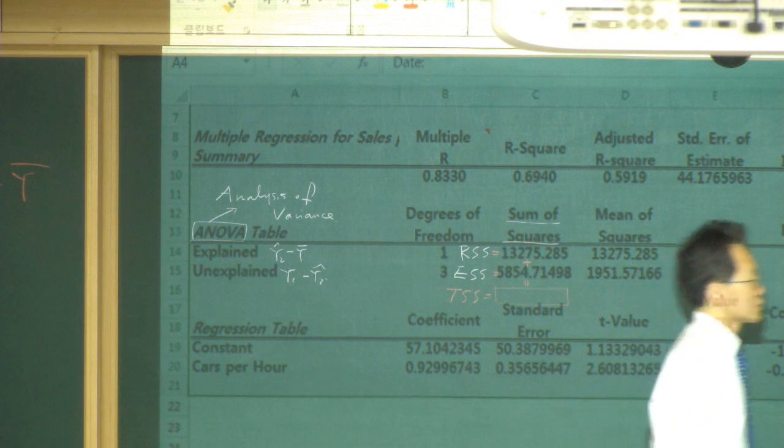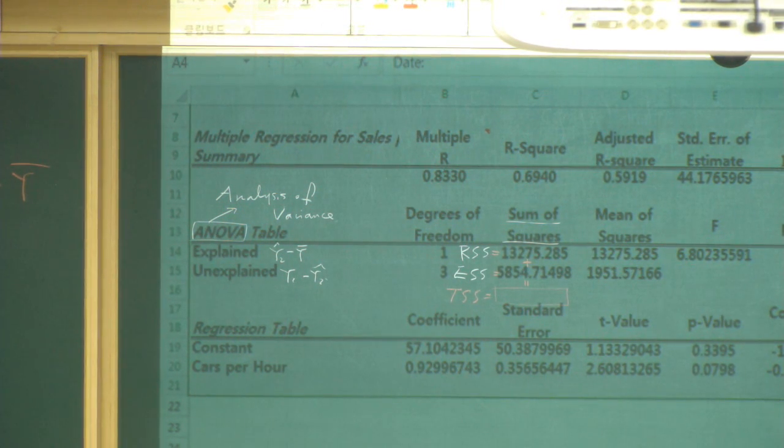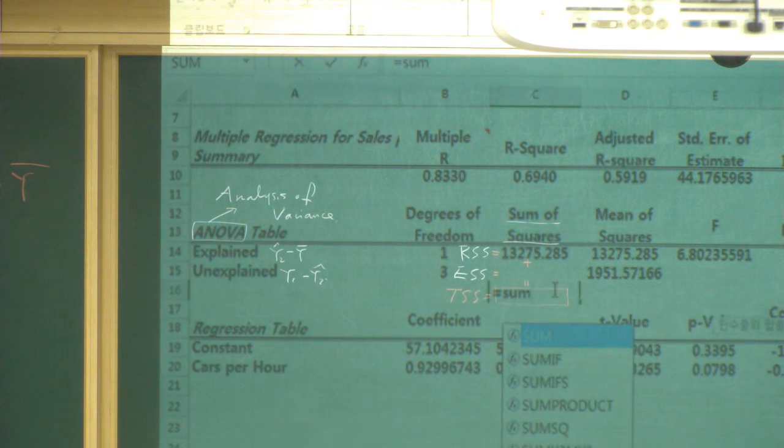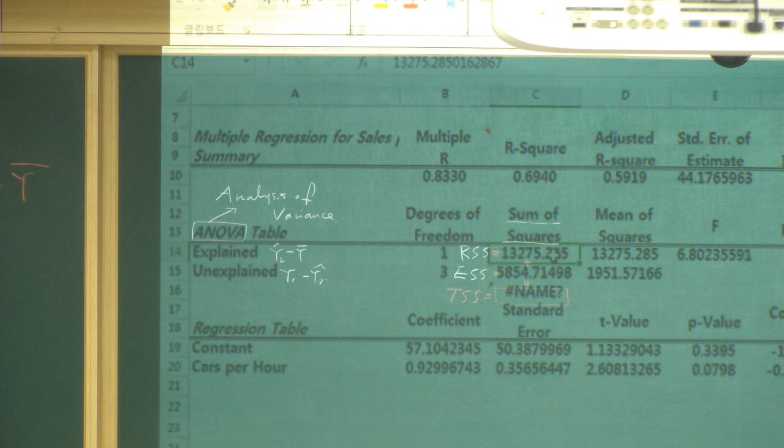Let's see what the total sum of squares is. This one plus this one, that's 19,130.